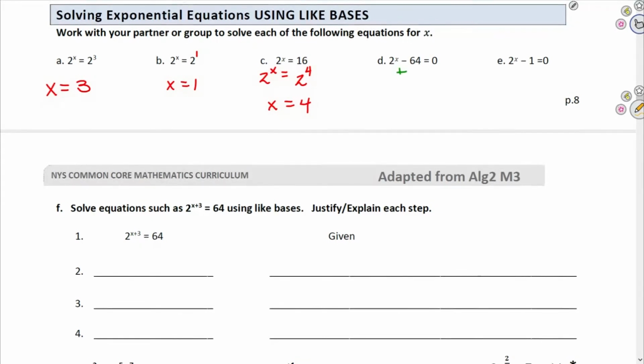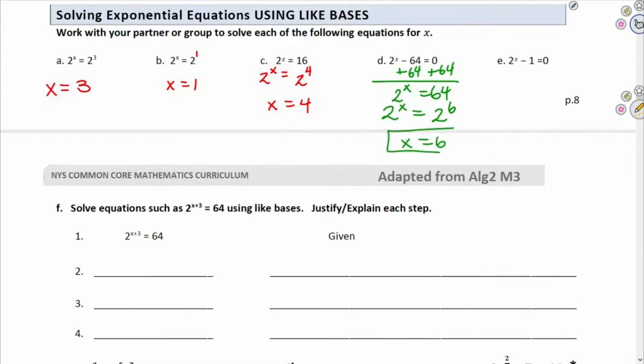So let me do the opposite of subtracting 64. I'm going to add 64 to both sides, and I have 2 to the x equals 64. Okay? And now I'm kind of stuck, but I do know that 64 is a power of 2. It is 2 to the 6th power. So I'm going to write 64 as 2 to the 6th power, and so I have 2 to the x equals 2 to the 6th, and x must be 6.